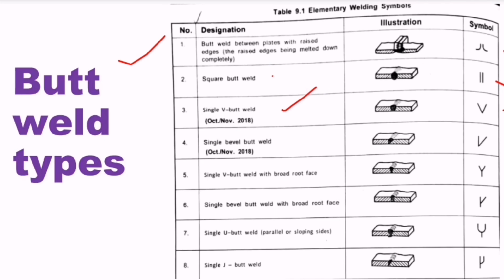This is a single V butt weld. This is single bevel butt weld. This is single V butt weld with broad root face, and this is single bevel butt weld with broad root face. This is single U butt weld, parallel or sloping sides, and this is J type butt weld, single J type. So these all are different types of butt welds in welding.